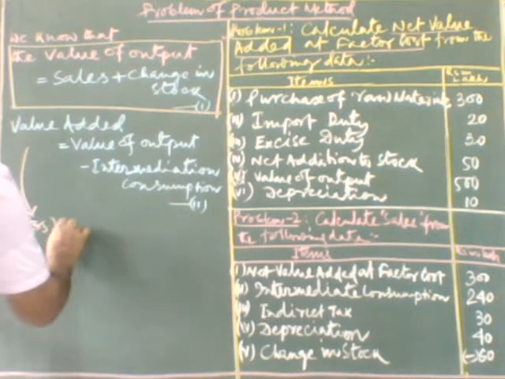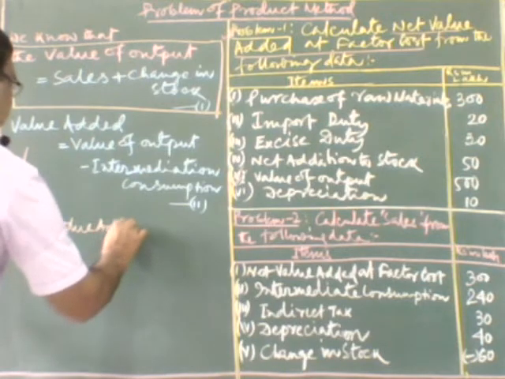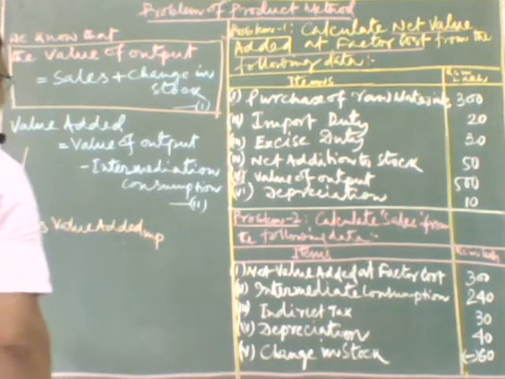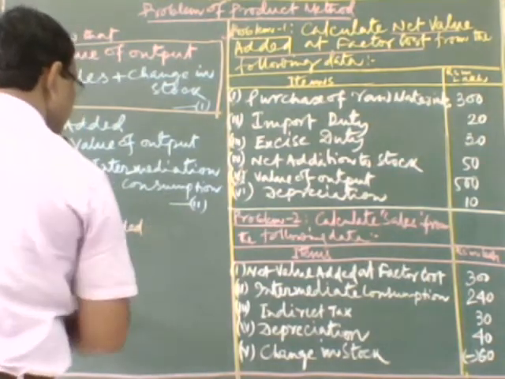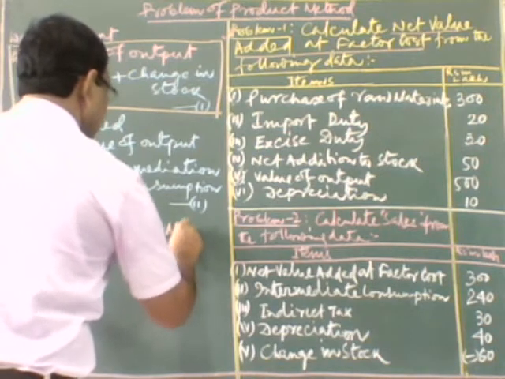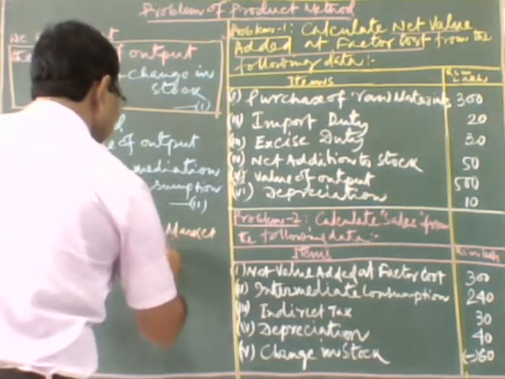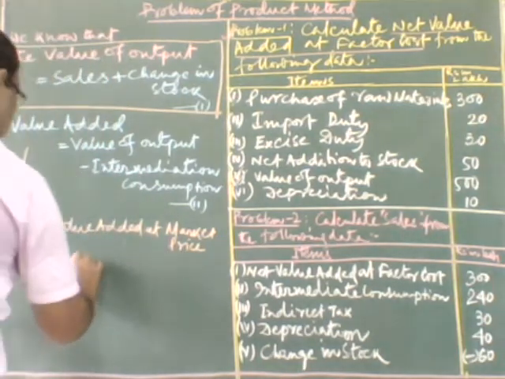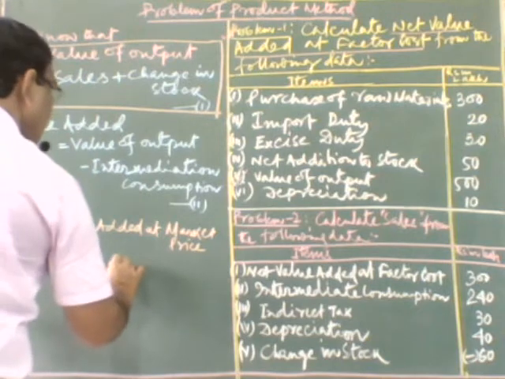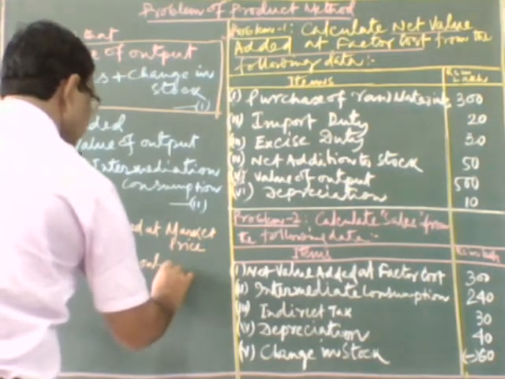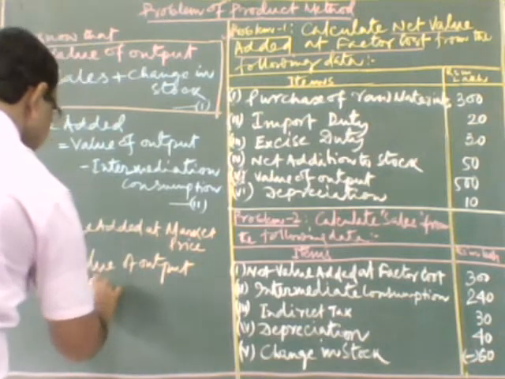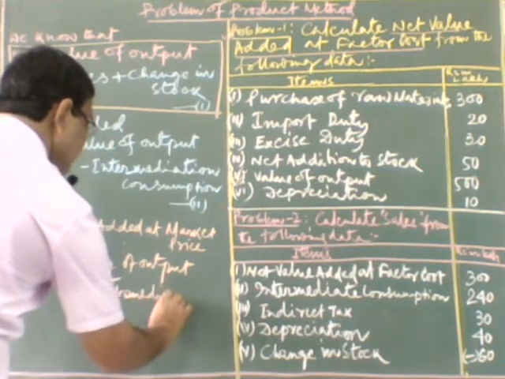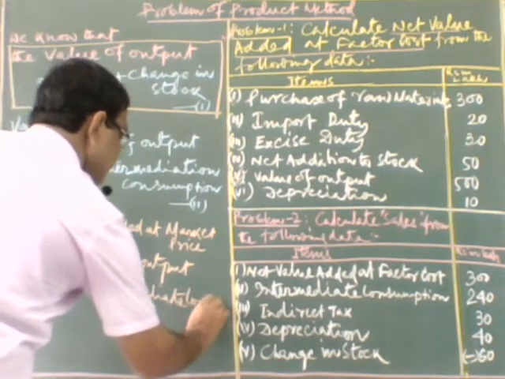The gross value added at market price is equal to value of output minus intermediate consumption.